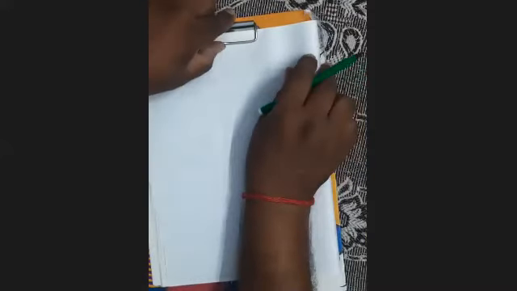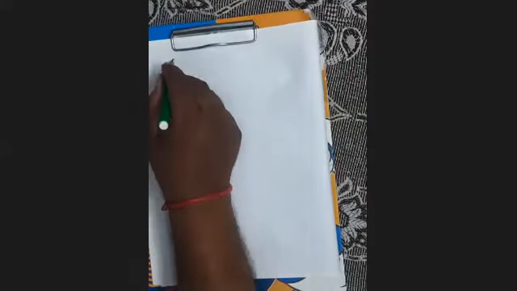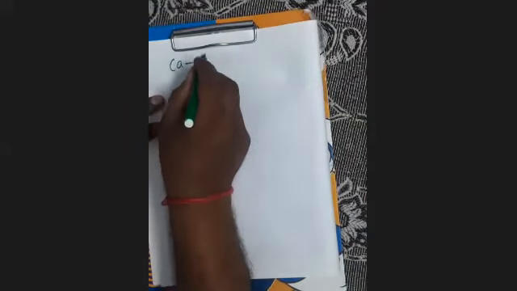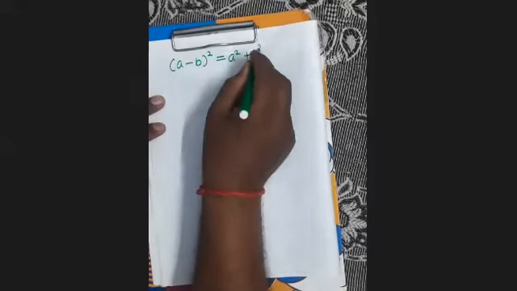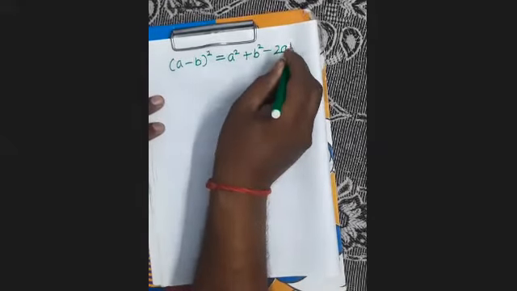In the next question, you have to use the formula. You will do exactly in the same way. But the formula which will be used is (A minus B) whole square equals A square plus B square minus 2AB.